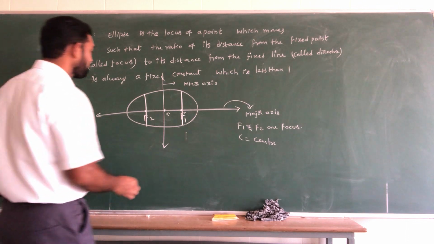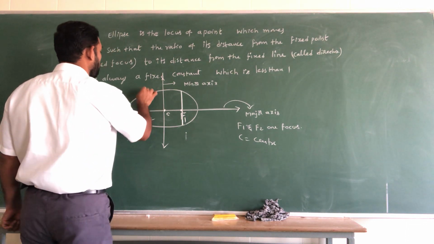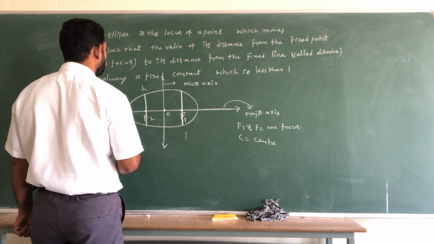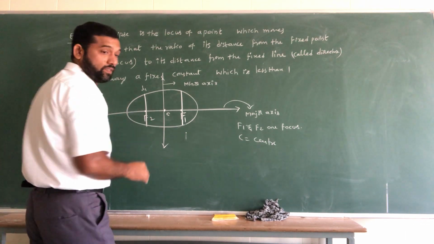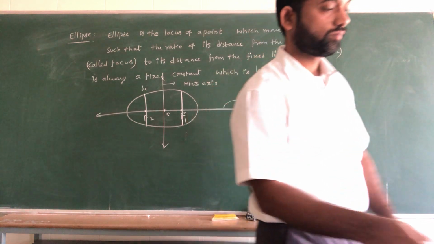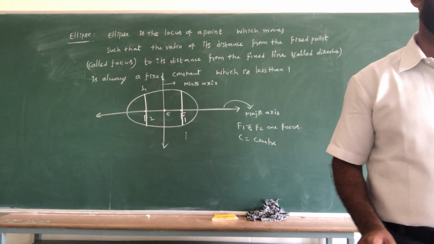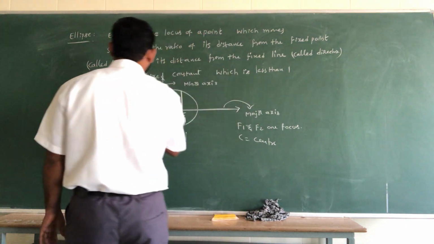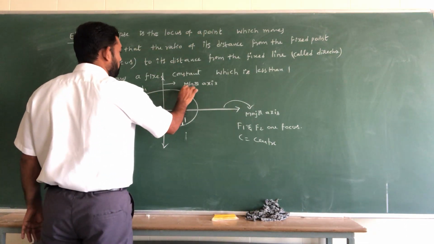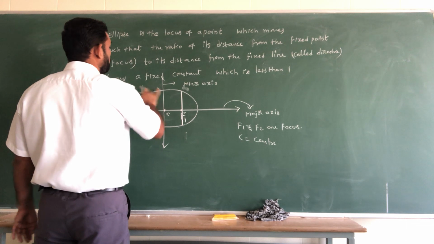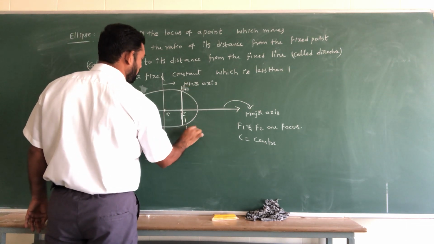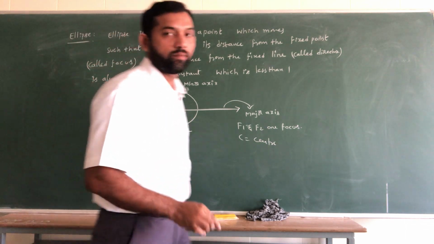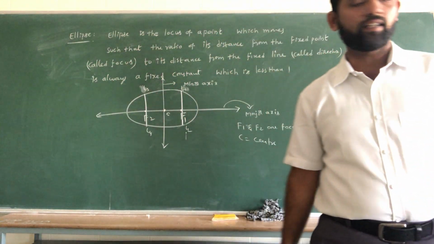So these are L1, L2, L3, L4. These are called latus rectums.